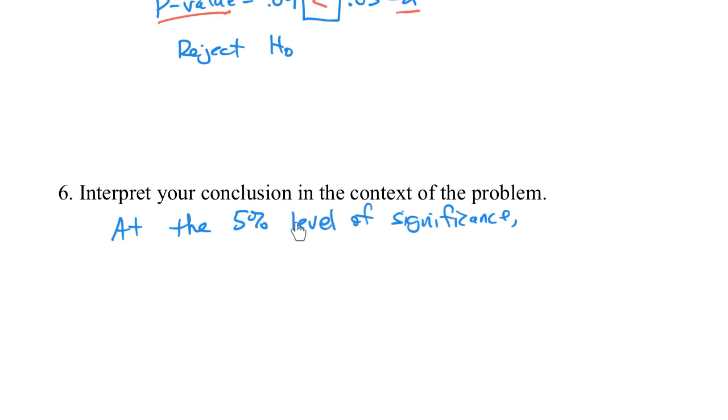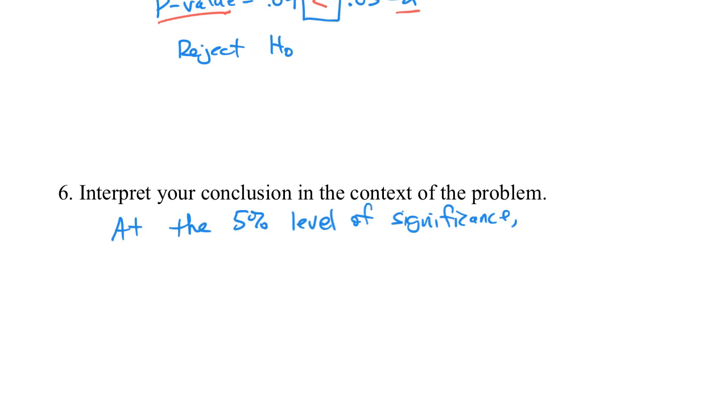We would get a completely opposite conclusion, right? That's why it's important to mention this. If we don't mention this, we're leaving off a lot of information. But if alpha were 0.01 and we said at the 1% level of significance, we get the exact opposite conclusion. So that's why we have to mention this. That's why I mention it every time.